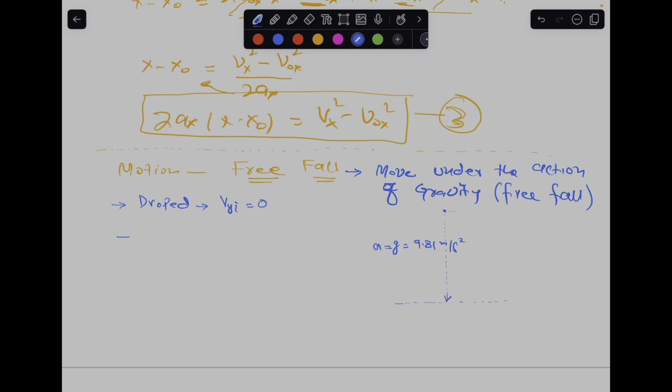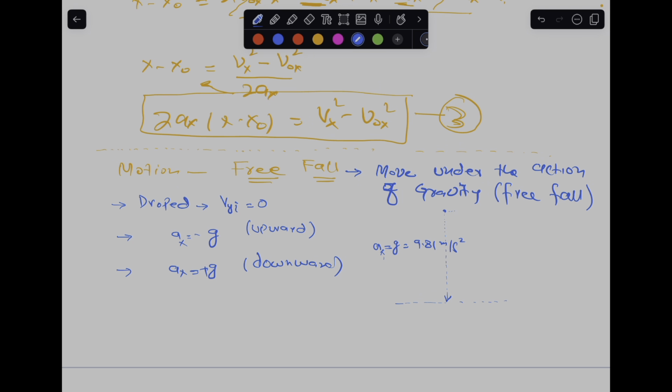When the object is thrown upward, your a will be negative g for upward motion, and your a will be positive g if the motion is downward. Downward means toward the center of the earth.